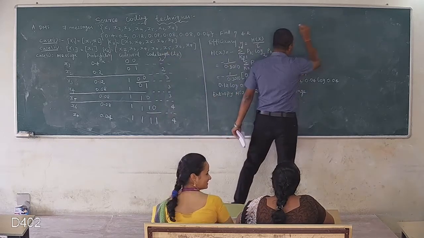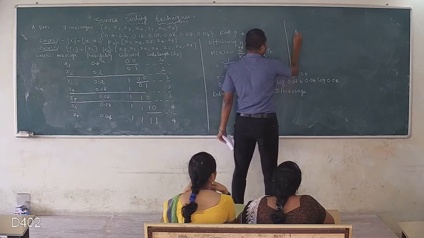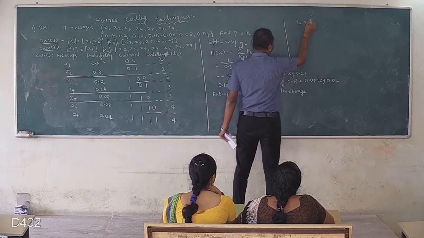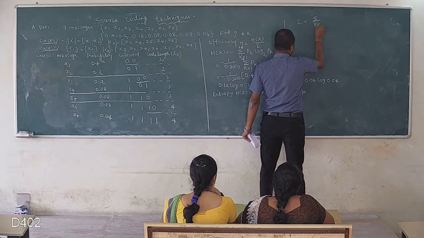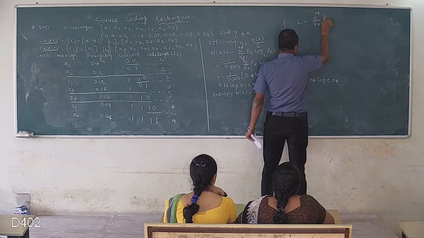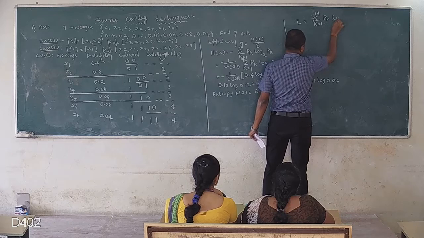Now let us calculate the average code word length L bar. The formula for L bar is summation k is equal to 1 to m, pk into lk.